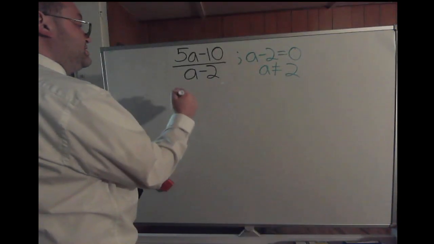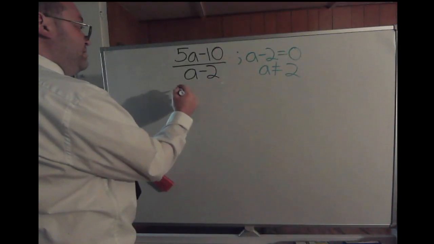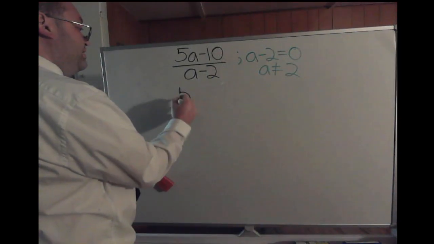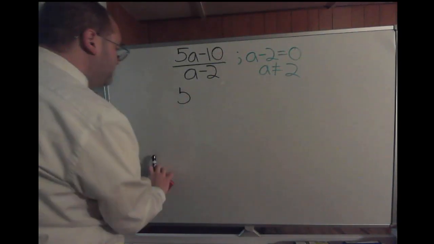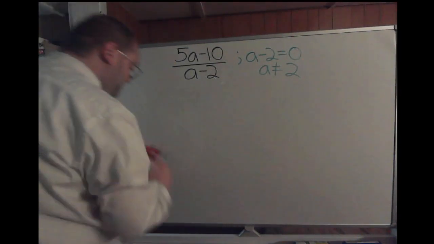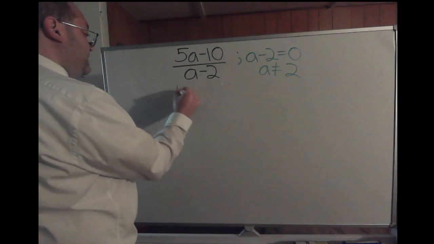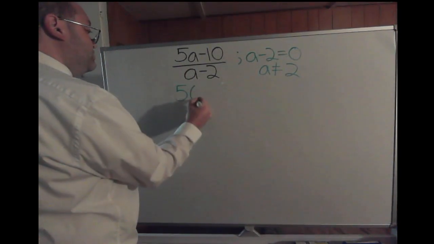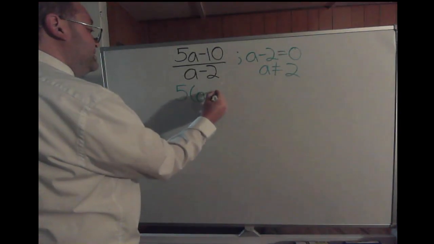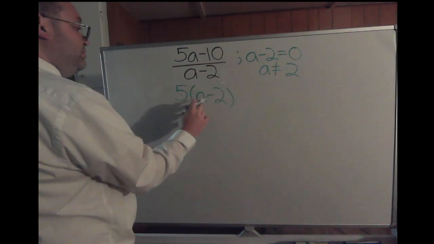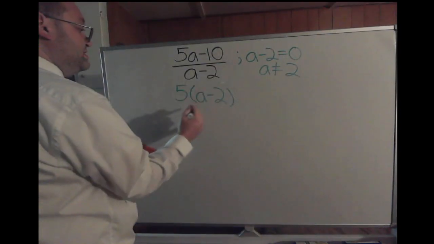So let's start with the numerator, 5a minus 10. The common factor of 5a minus 10, you pull out a 5. So 5 times the quantity of a minus 2, because 5 times a is 5a, minus 5 times 2, that's minus 10.